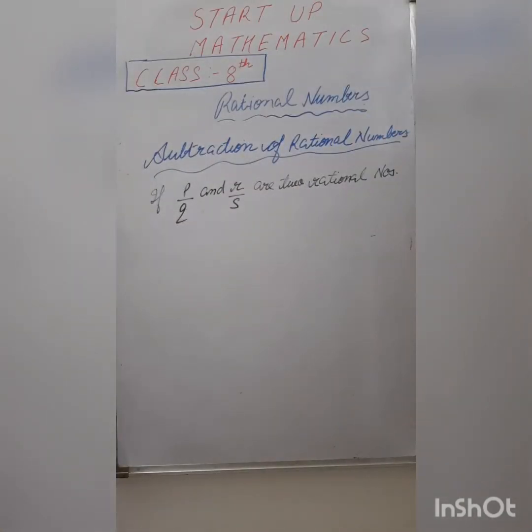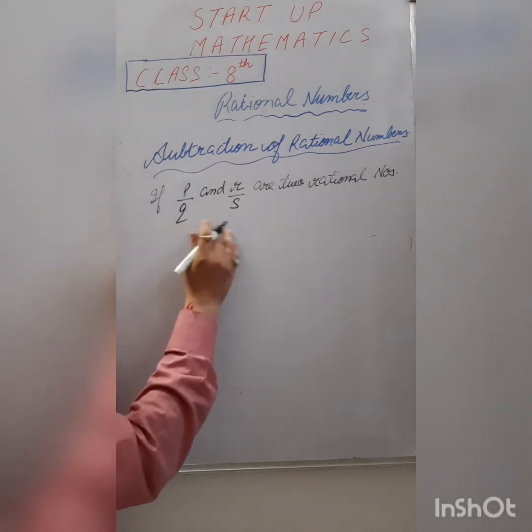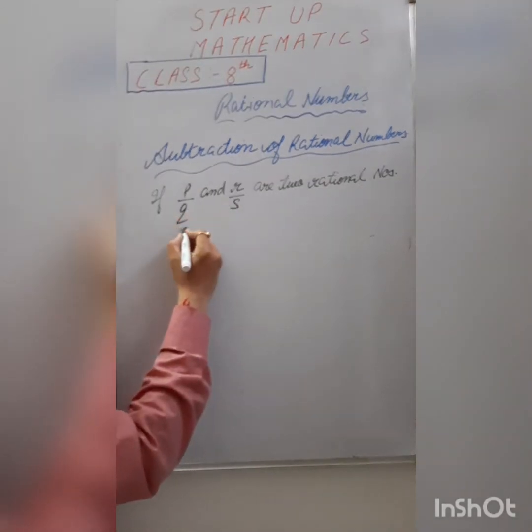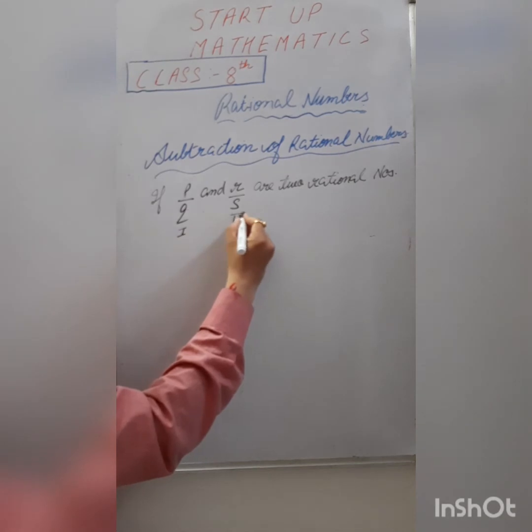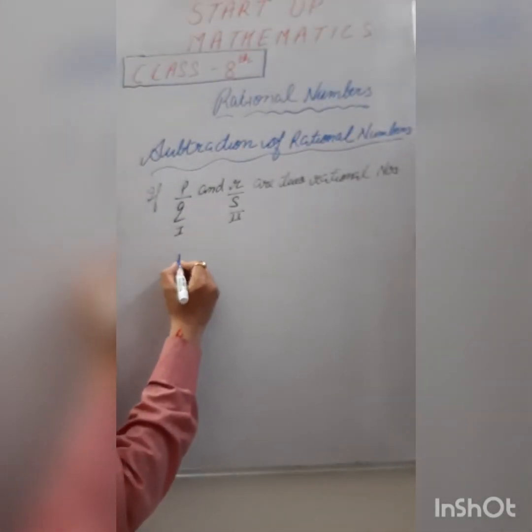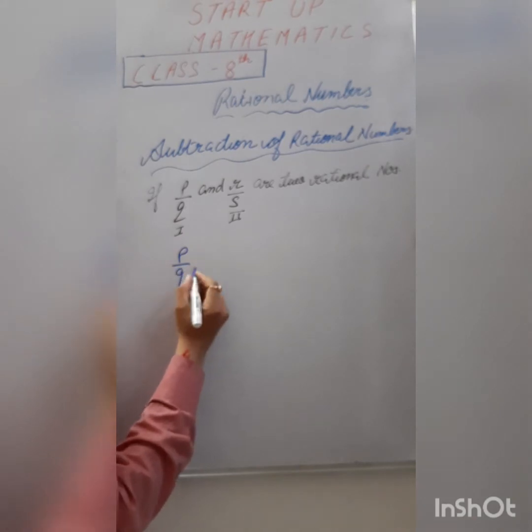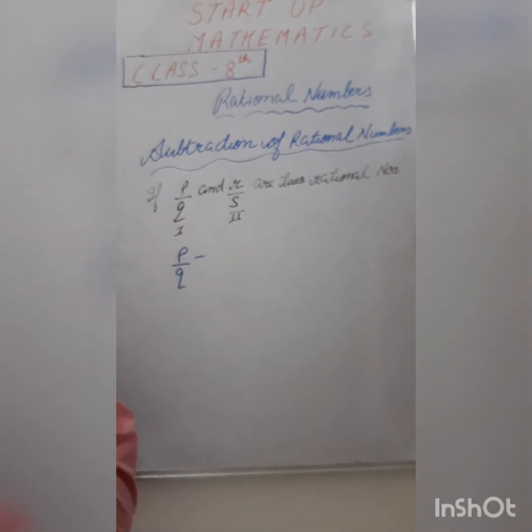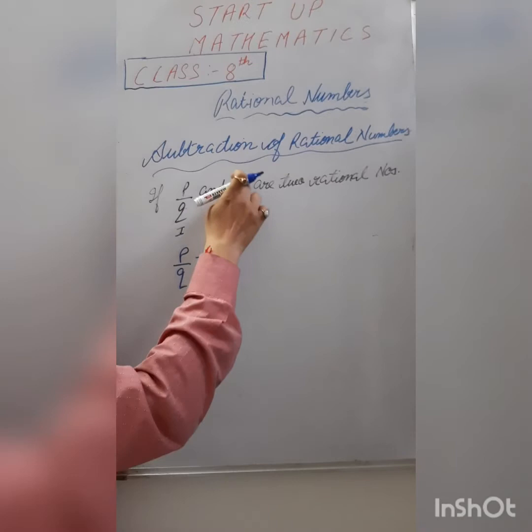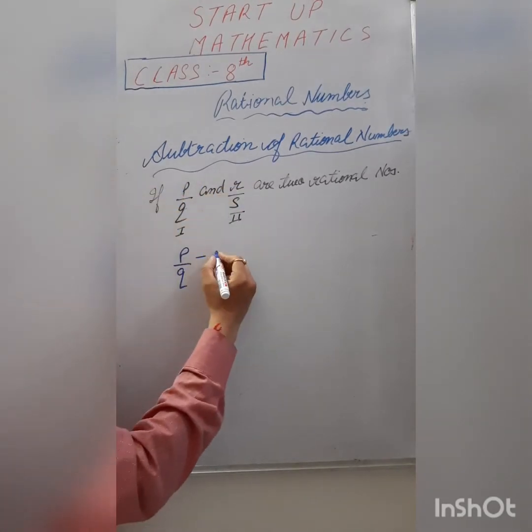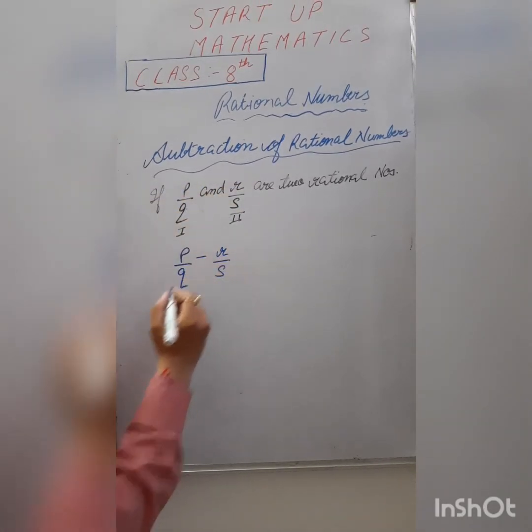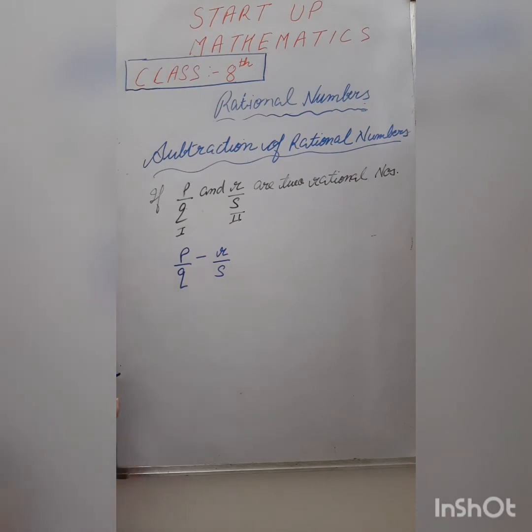See, we will define, if I subtract the second rational number from the first, I will write P by Q minus R by S. What is the actual meaning of this?